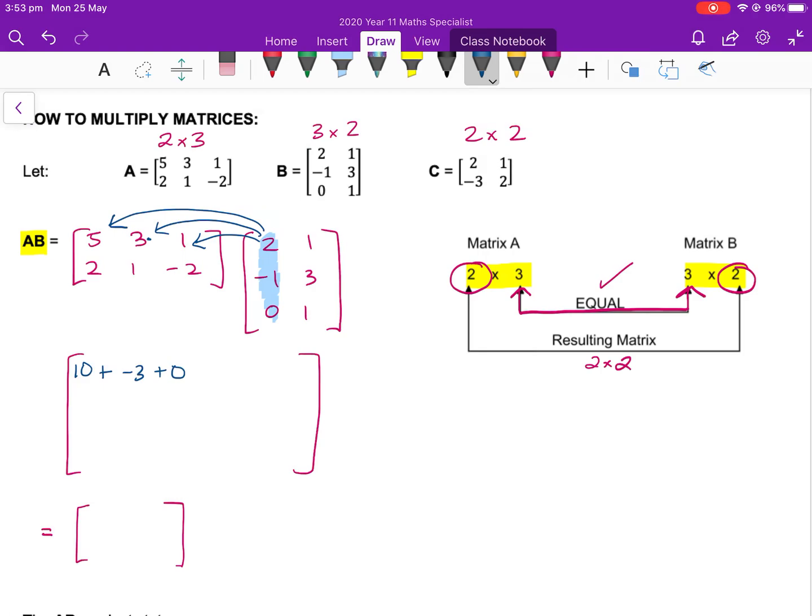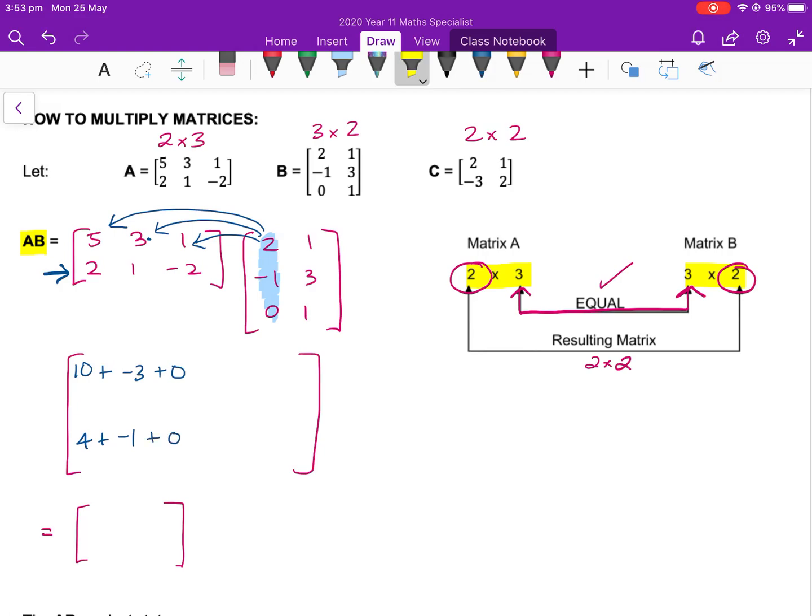Now we're going to do the same with the second row. So that column, 2, negative 1, 0, is going to be multiplied onto 2, 1 and negative 2. So 2 times 2 is 4, plus negative 1 times 1 is negative 1, plus 0 times negative 2 is 0.